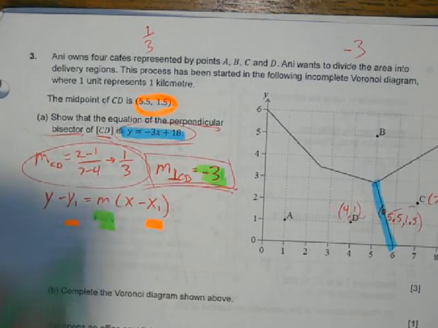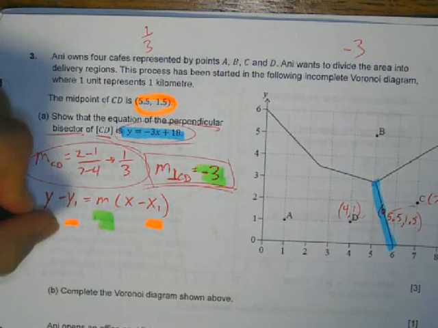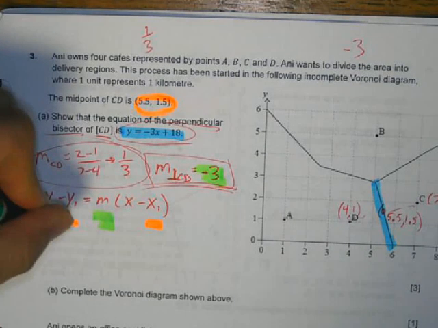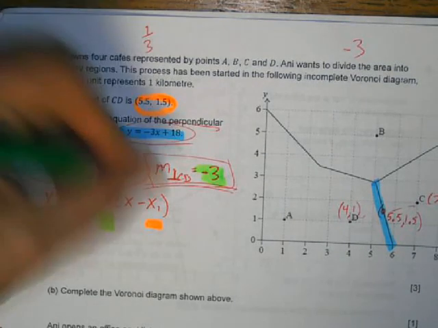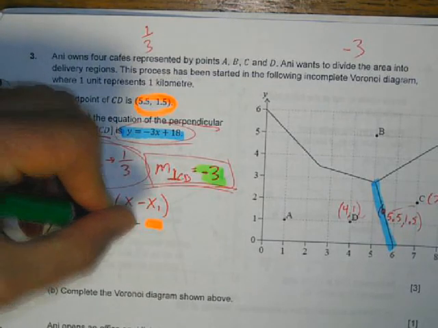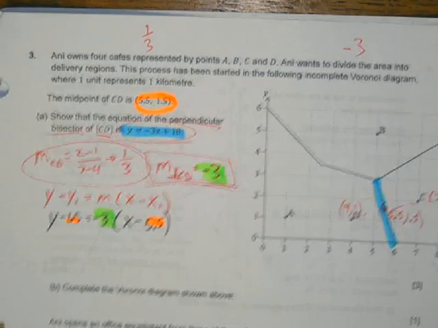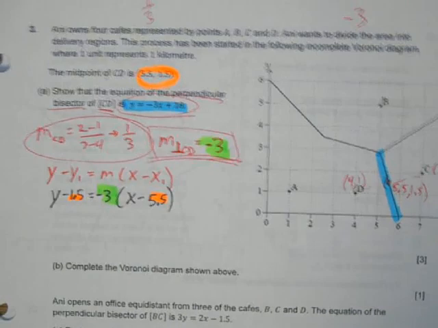Okay, let's solve this now. Okay, so y minus 1.5 equals -3 parentheses x minus 5.5. I can simplify that a little further now.